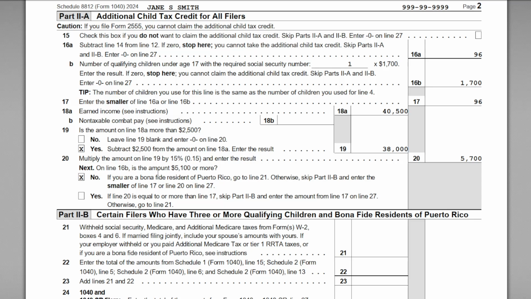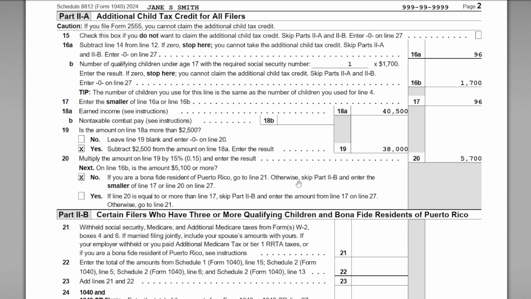We multiply the amount on line 19 by 15%, enter the $5,700, and it's asking us if on line 16B, is the amount $5,100 or more? So we have $1,700, and the answer is no, right? So the $1,700 isn't greater than the $5,100.